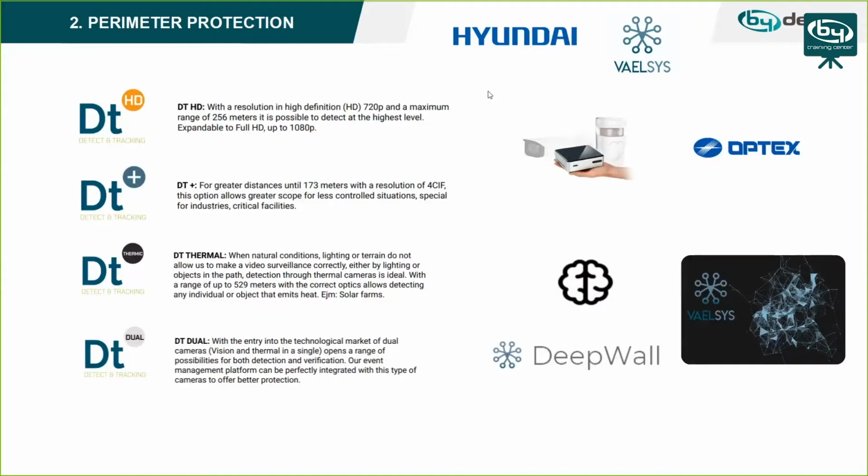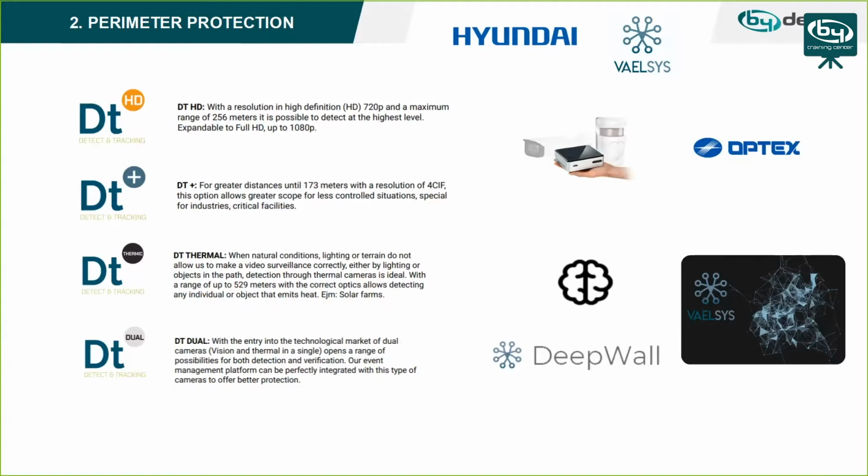There's also an option for DT+, which gives you distances of 173 meters with the resolution of 4 CIF. It also allows great scope for certain less controlled situations like industries or critical facilities.